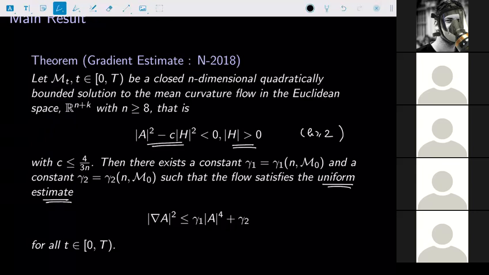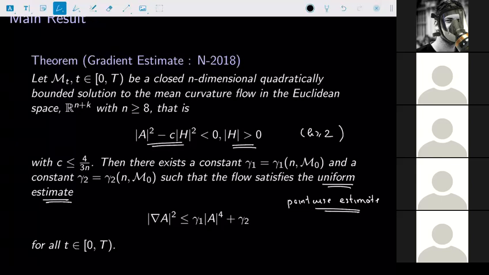So this is a pointwise estimate. The key thing about this estimate is that the gradient of the second fundamental form squared is bounded at the same point by |A|^4.